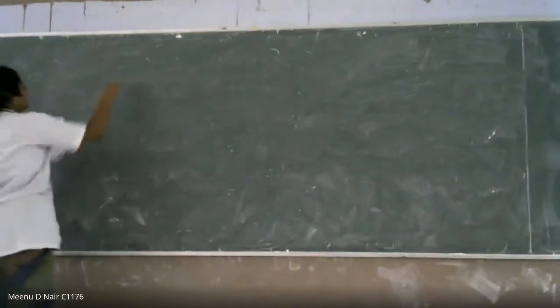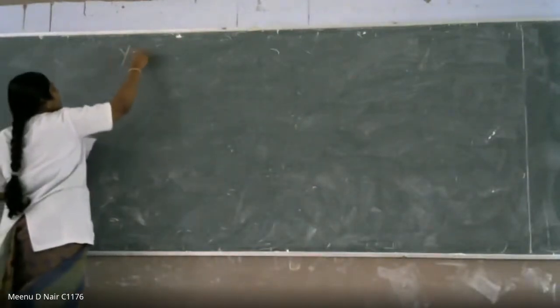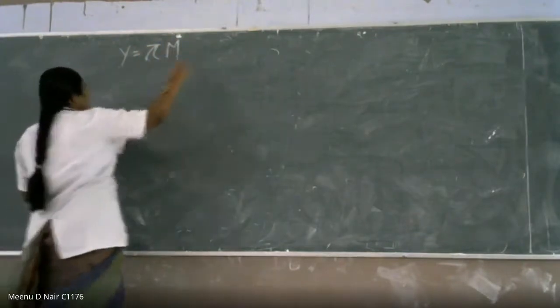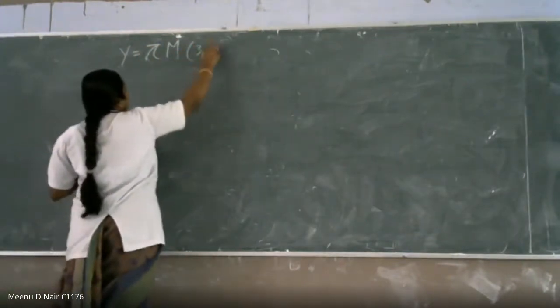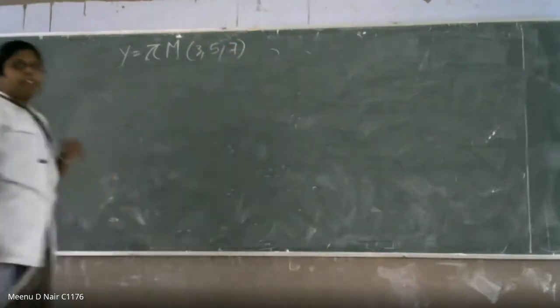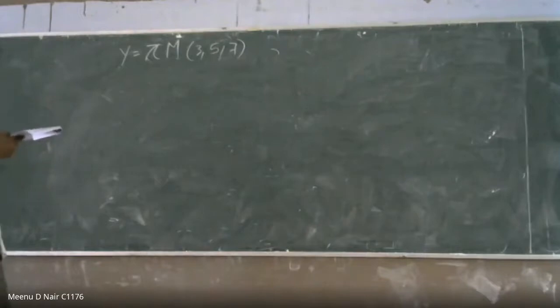Question is, simplify the Boolean expression Y is equal to pi m 3, 5, 7.